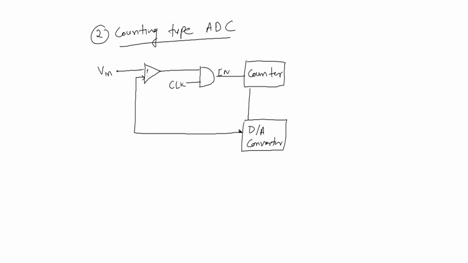So this is your digital to analog converter, so we need some digital inputs, right? This is nothing but your decimal equivalent, that is D, right?